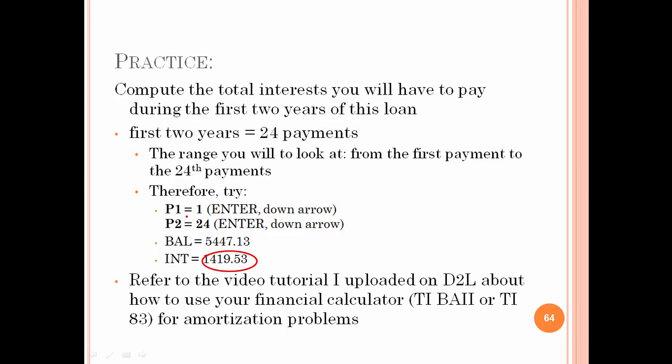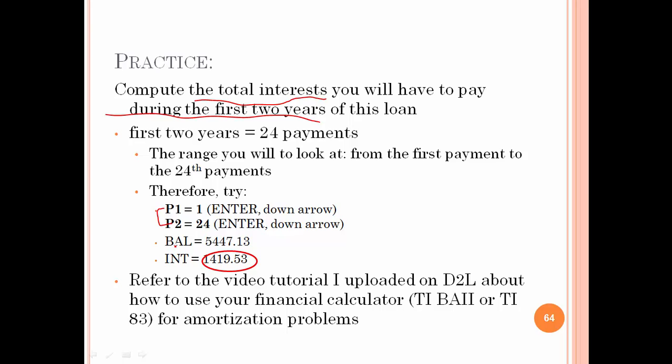So for example, if you are asked to compute the total interest that you will have to pay during the first 2 years, during the first 2 years, that means the first 24 payments. So you will have to enter P1 as 1 and P2 as 24. That basically means from the first payment to the 24th payment, a total of 24 payments.